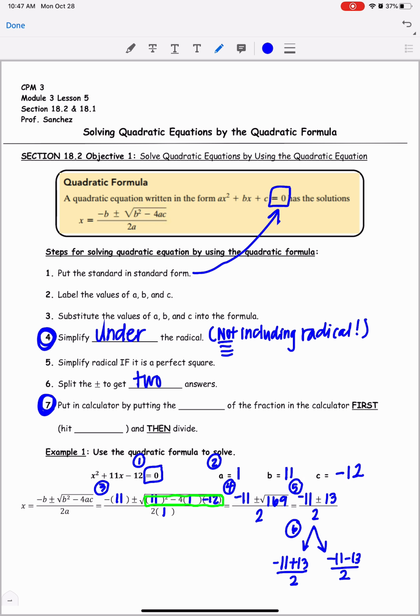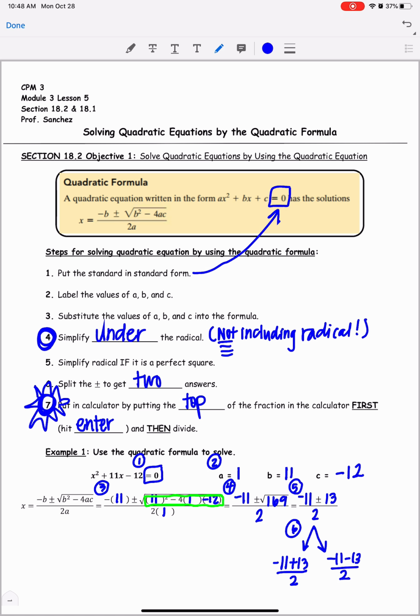Here's where the bigger mistake comes in. Okay, here's how to put it in the calculator. Put in calculator by putting the top of the fraction in the calculator first. After you put the top in, so negative 11 plus 13, then you need to hit enter. Don't clear anything.